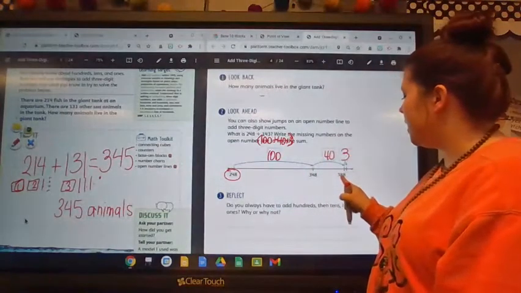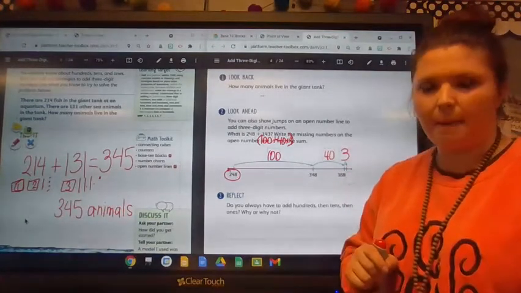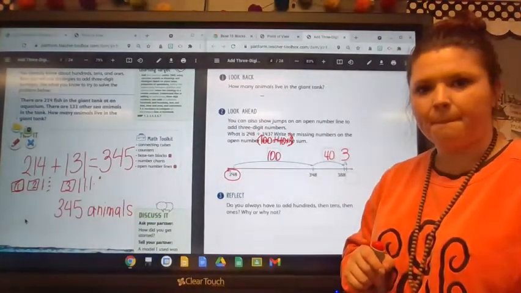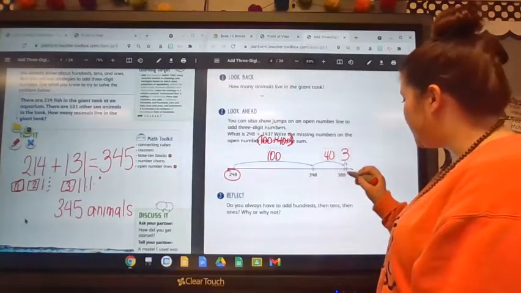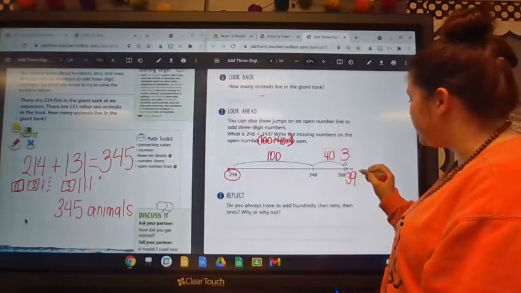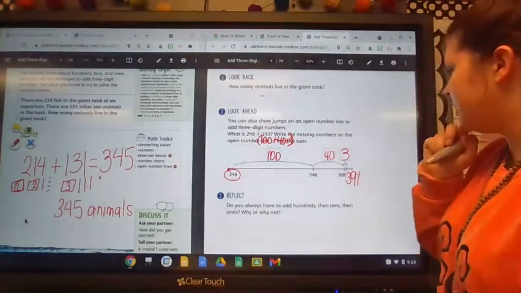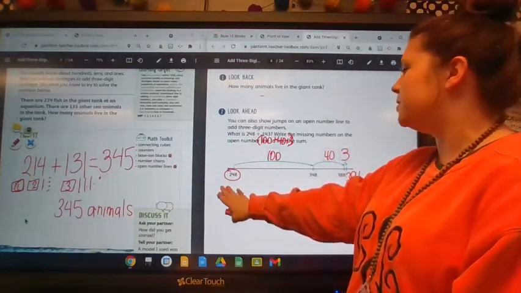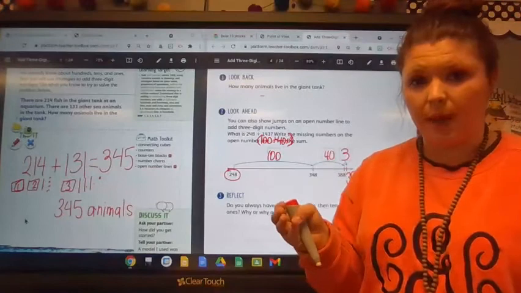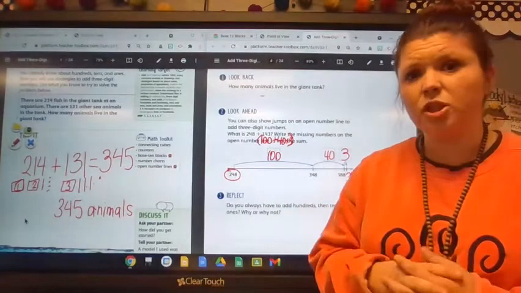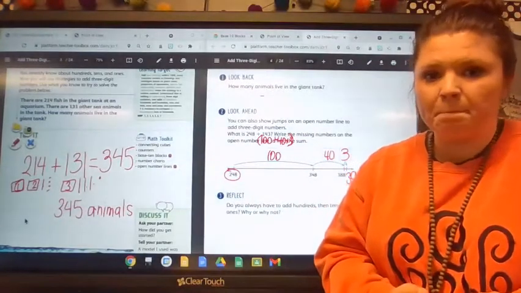So what's 388 plus 3? Yes, 391. So here they kept that first number whole and they added up that second number in parts, okay? This is just showing us that we have a lot of different ways that we could solve it, okay?